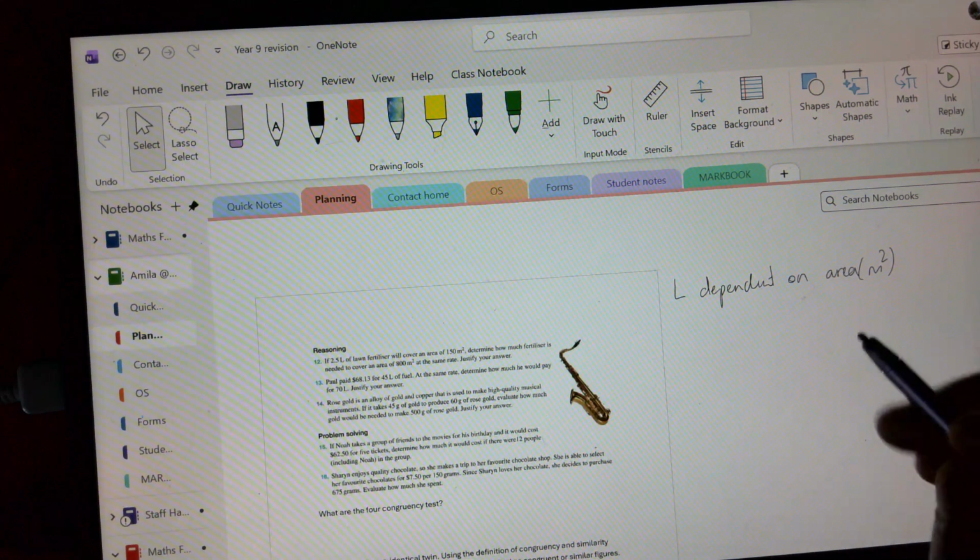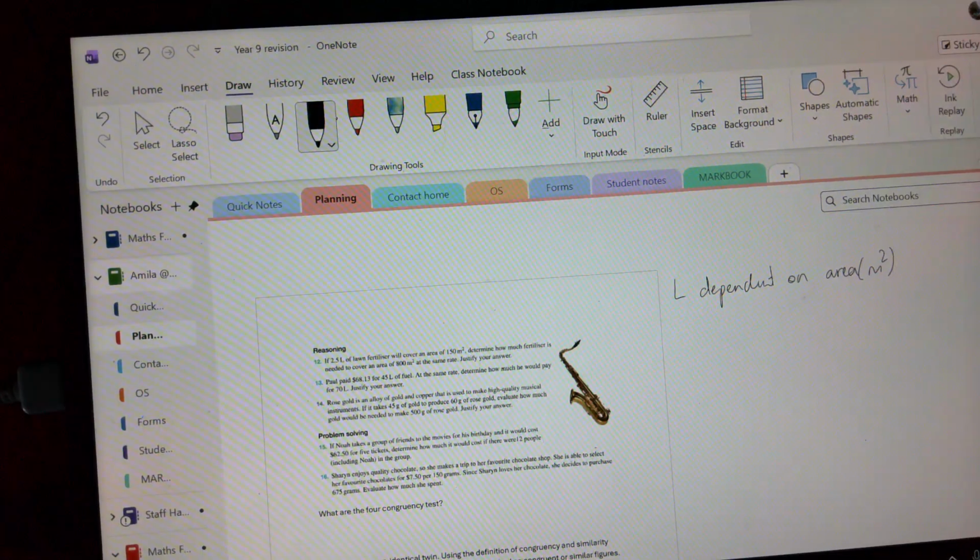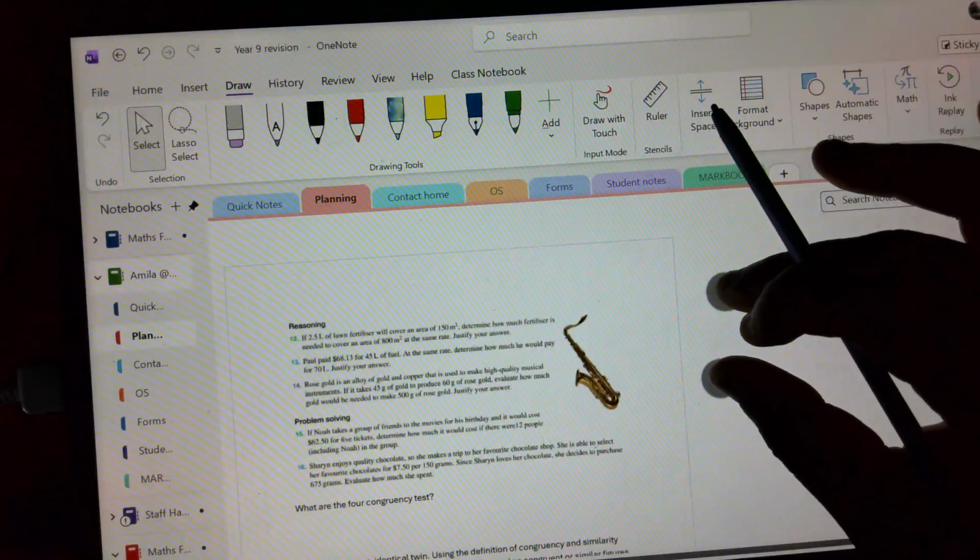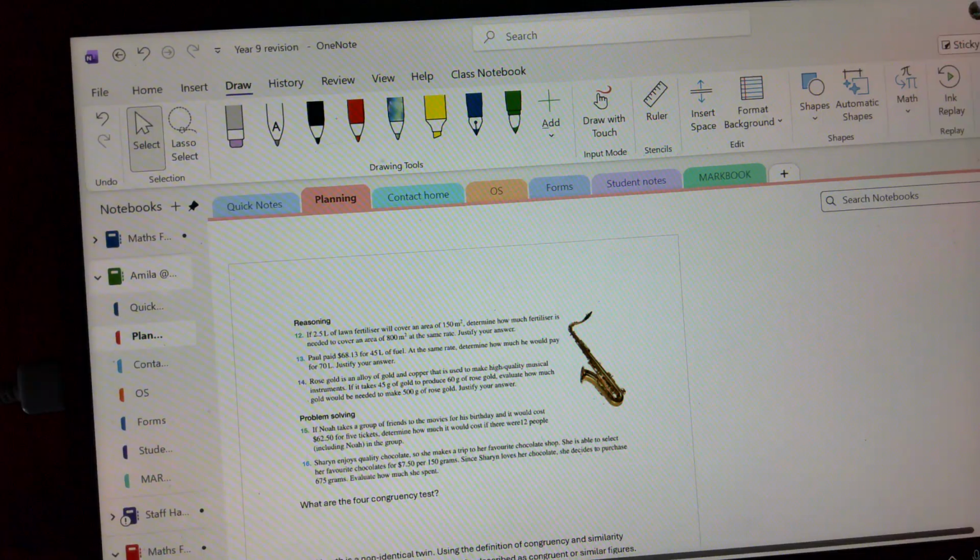So what that means is L would be our independent, M would meter squared would be our dependent. So we know that, let's see, even I struggle sometimes with understanding which one's my X and Y variable.